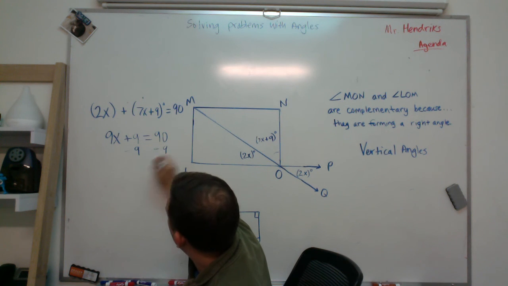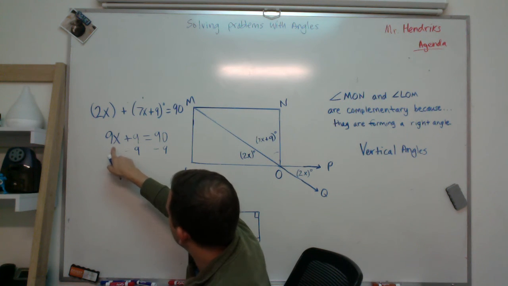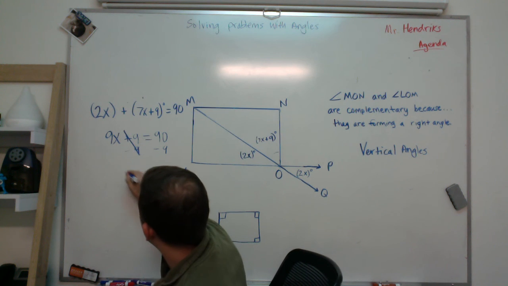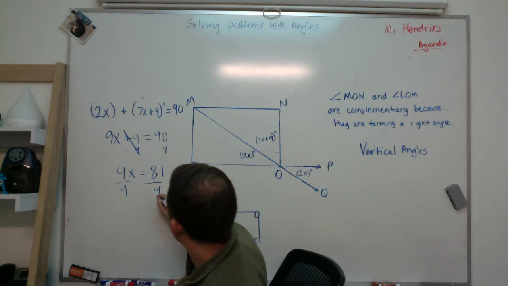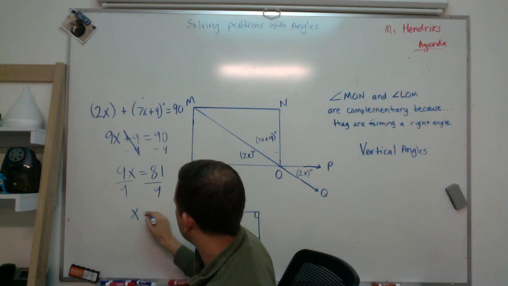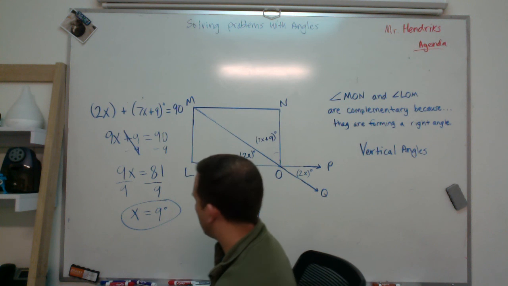Now we can subtract 9 from both sides to isolate the variable term. This cancels out, leaves us with 9x equals 81. Divide both sides by 9. And that'll give us x equals 9 degrees.